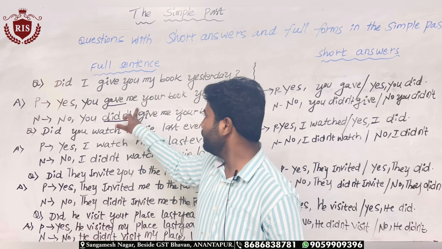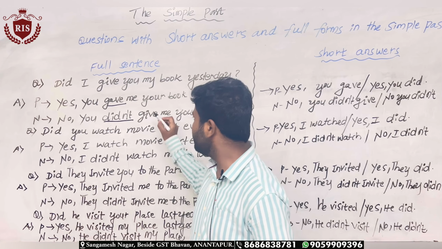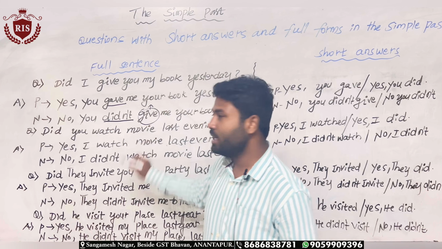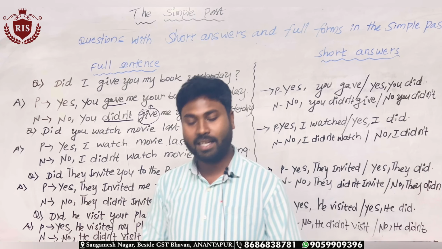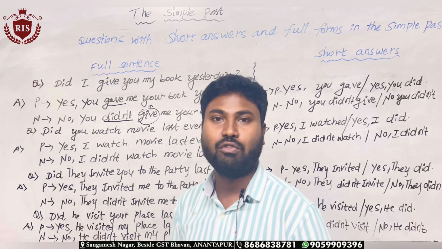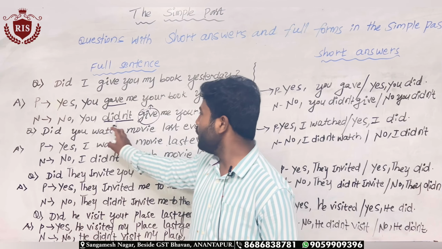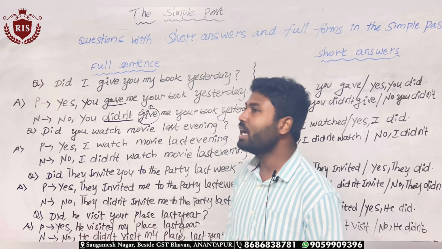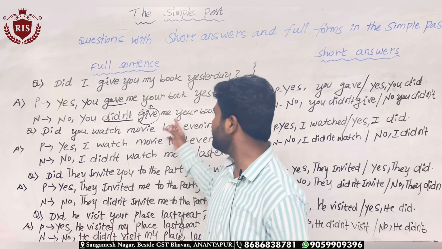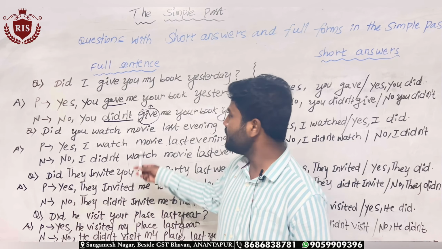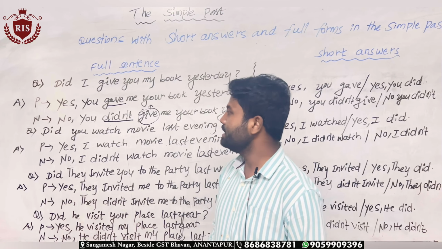So after didn't, what did we use? Again we have to use the verb form that should be in the infinitive form, in the sense that should be V1. So no, you didn't give me your book yesterday. Rest of the object follows as usual. So let us have a look at the second question.